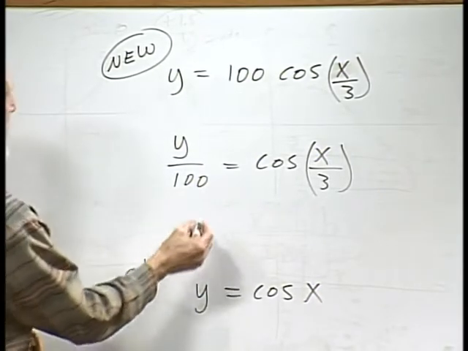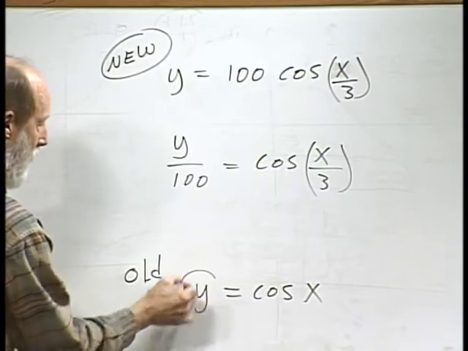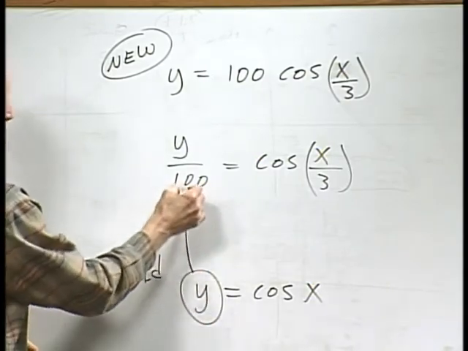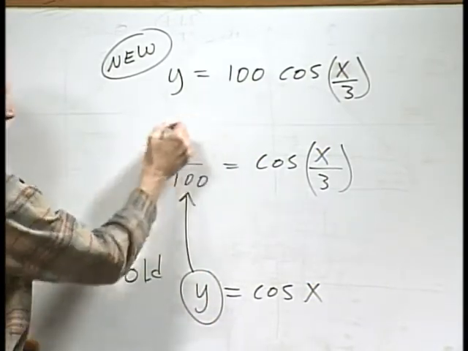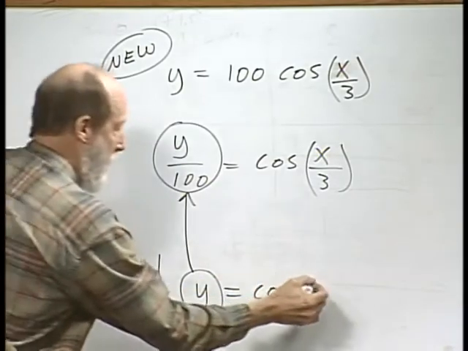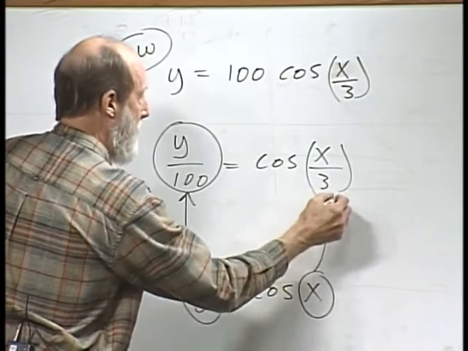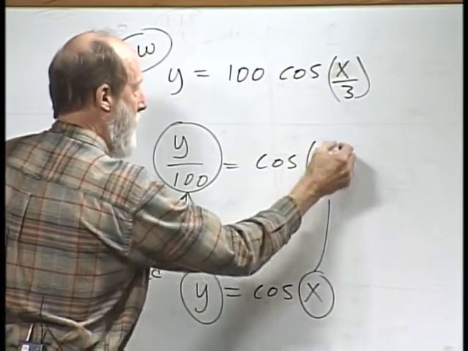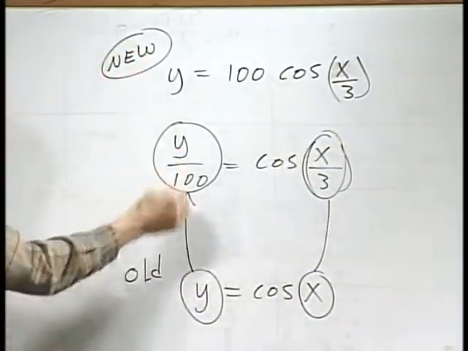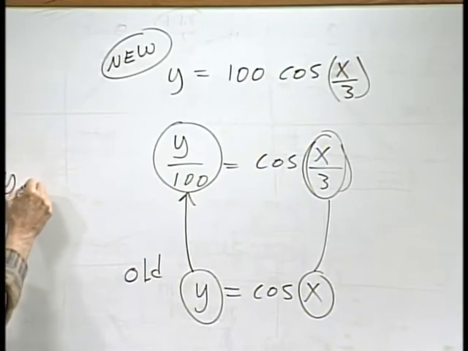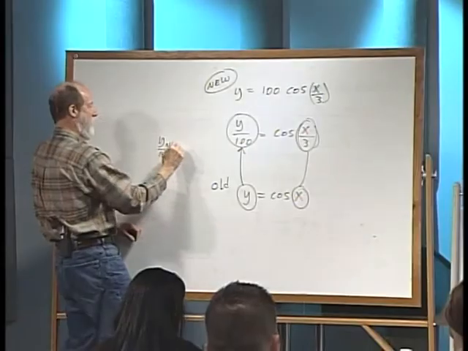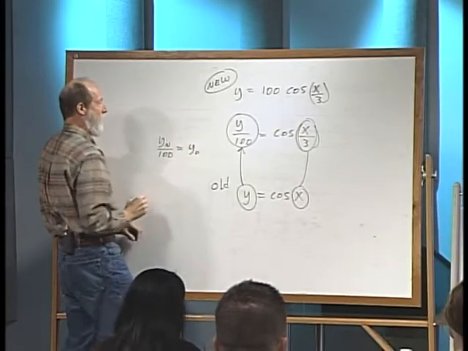If you look at this pattern here, this old y right here is becoming this new y over 100. This old input on this elementary function is becoming this new input over 3. So the algebra on that is that your new y over 100 equals your old y.